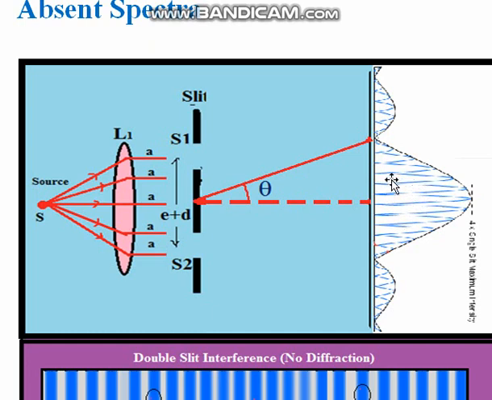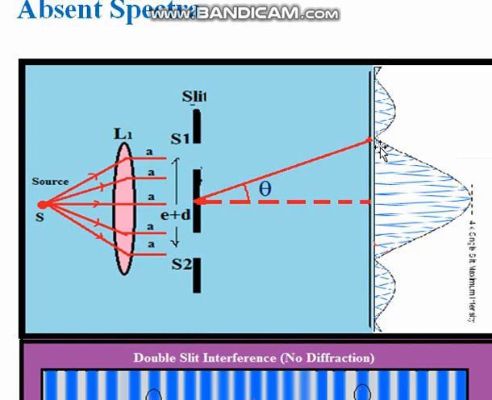Suppose that there is a point P on this screen at a particular angle theta from the line of the experiment. Suppose that at this particular point, you can observe that there is a first diffraction minima due to the single slit.